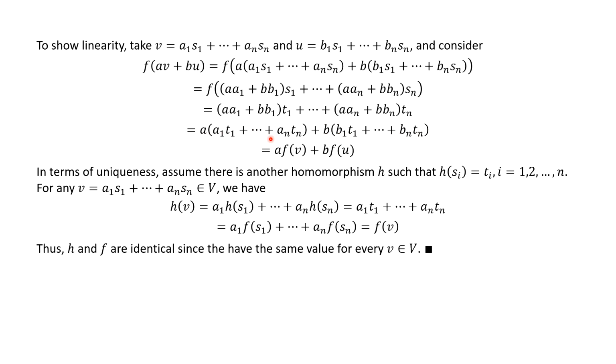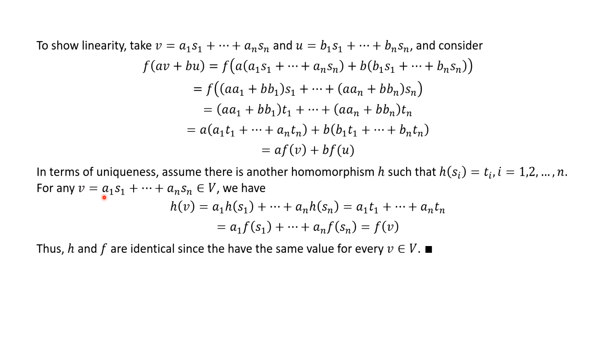And then this first term is a times f evaluated at v, and the second term is b times f evaluated at u, and then we have our linearity property. In terms of uniqueness, assume there's another homomorphism h such that h evaluated at s sub i equals t sub i for i equals 1 to n.